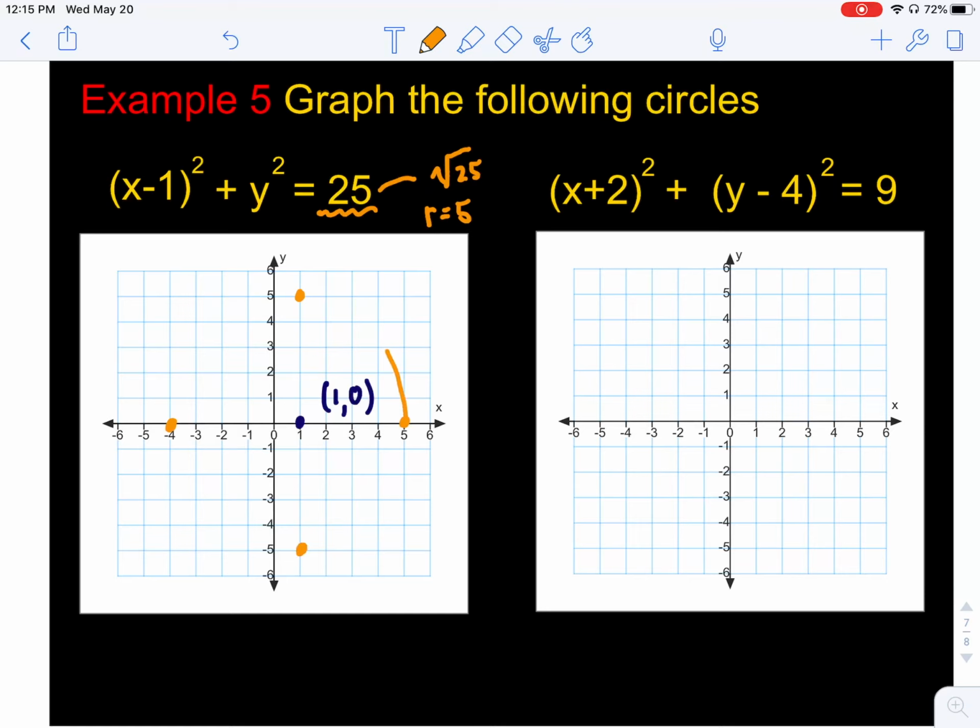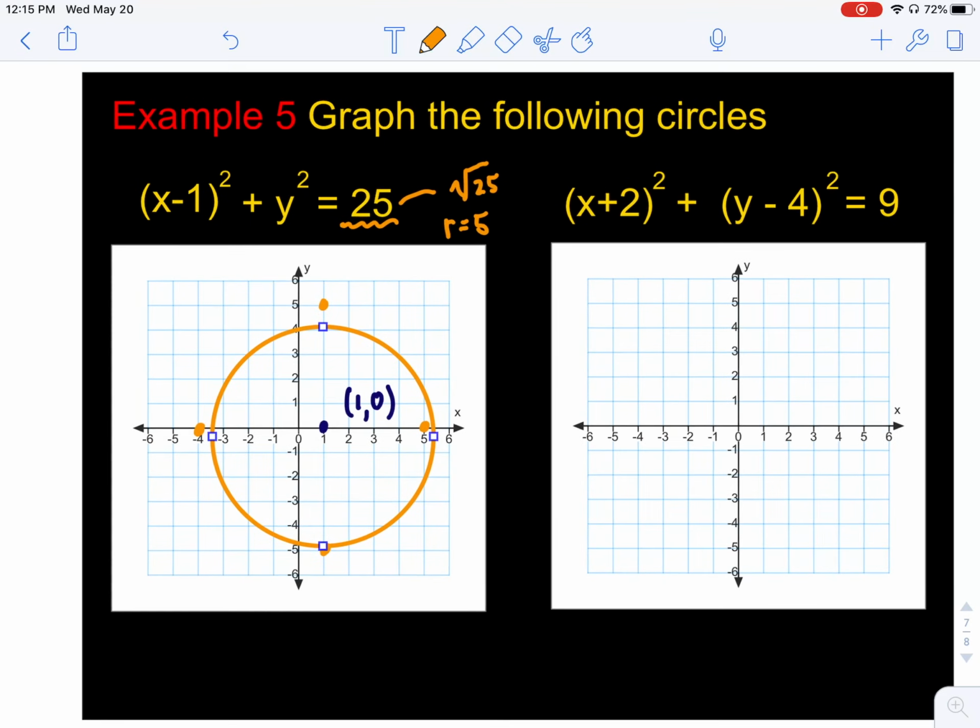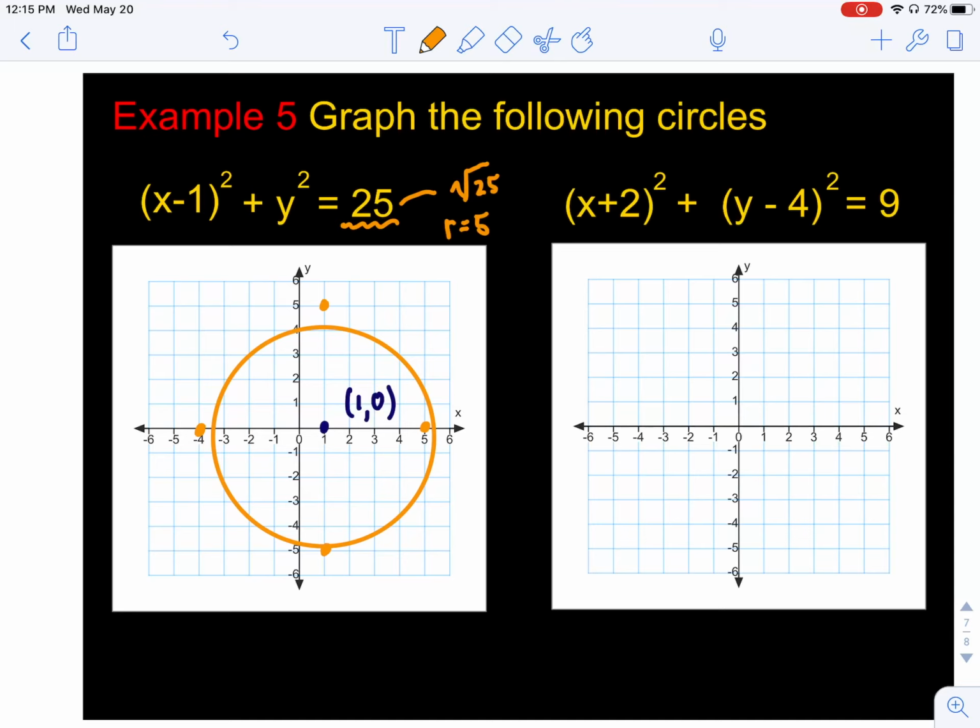This is going to be slick on Notability because it will just automatically draw my circle for me. Size it up. Oh, I thought it was going to be slick. I'm going to make it a little bigger. Try that. I actually want to try it again.